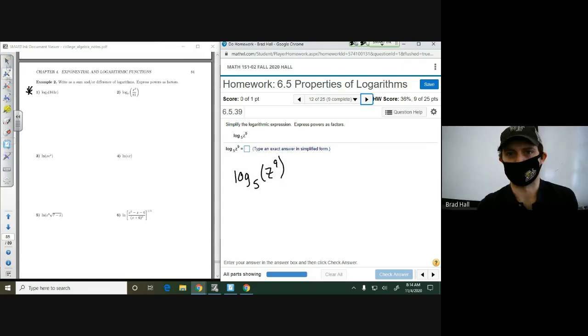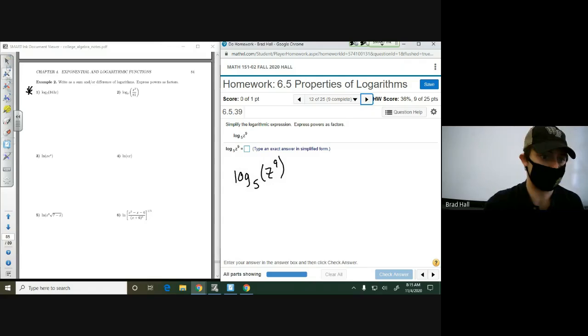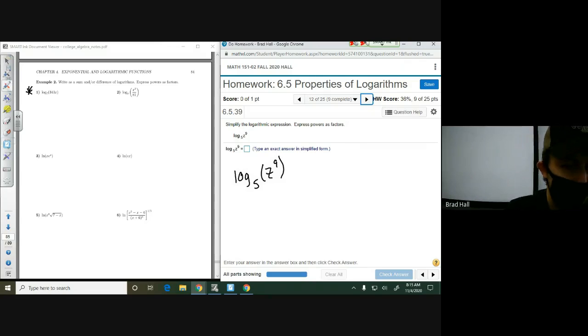And again, I'm putting parentheses around the z raised to the 9th, just habit of mine. And so to simplify this, you might look and think, all right, well, I don't see any products and I don't see any quotients, but I do see a power. And remember, we have a power rule, which tells us we can bring the 9 to the very front.